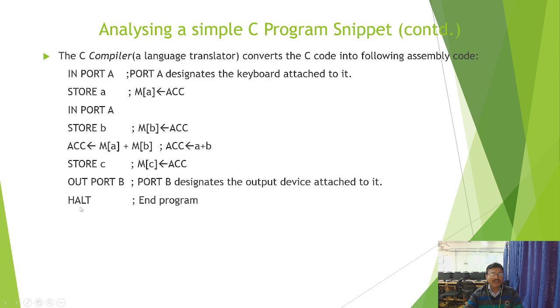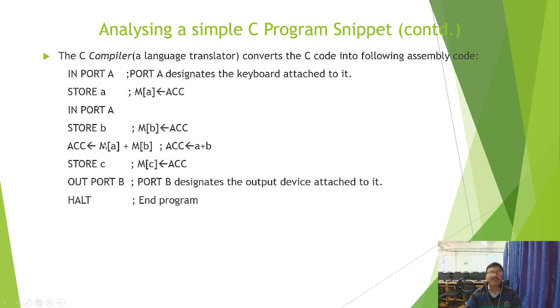And the last statement is halt. Halt means, if we look at the C program snippet, the last curly brace is used for the end of the main function, and that is the end of the program, and that is why the instruction halt is used to indicate the end of our program execution.